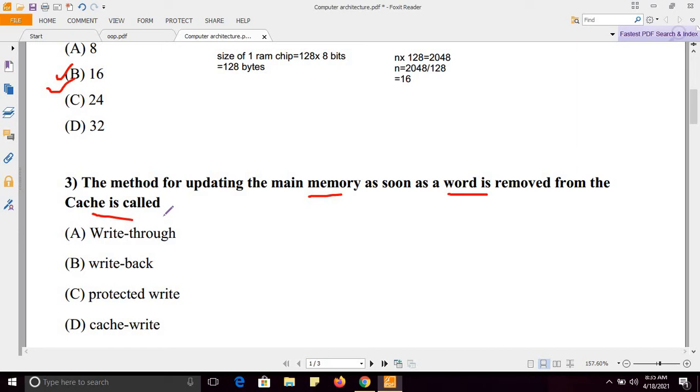Options: write through, write back, protected write, cache write. If a word is removed from the cache, then we must also update the main memory, and this method is called write back.